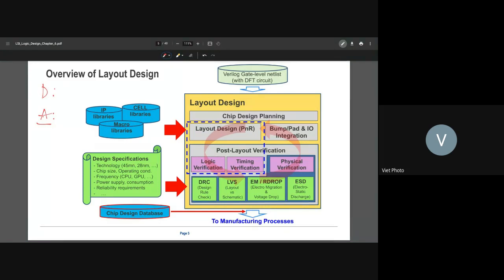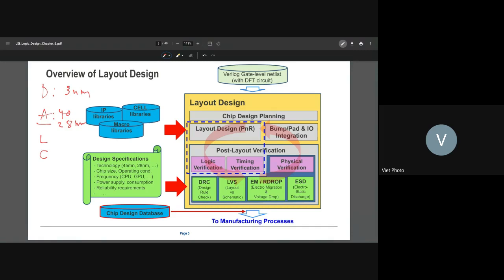The digital currently goes to 3 nanometer, but analog is still stuck at, I think, 40 nanometer or 28. The reason why: take an antenna or analog elements like L or C. They make the resonance, the inductance, the resonant tank.